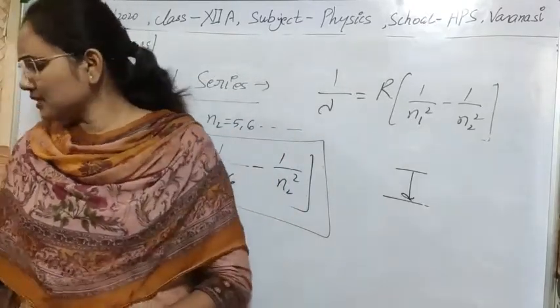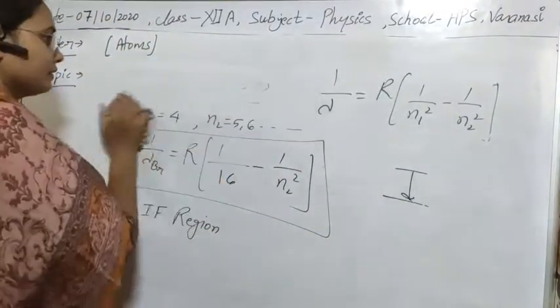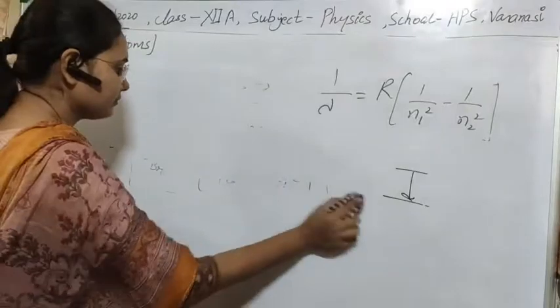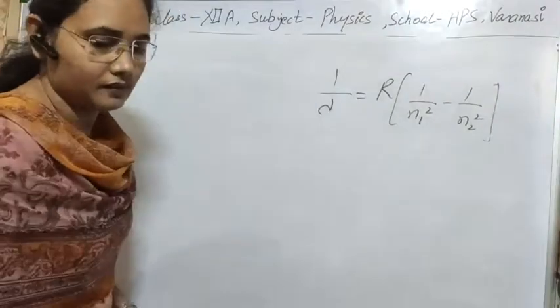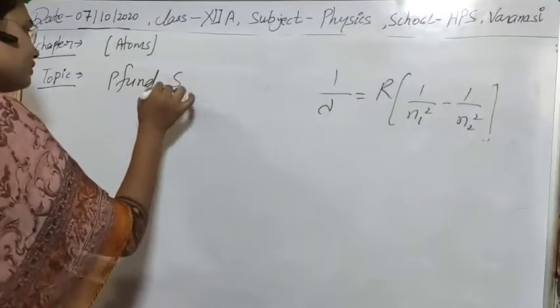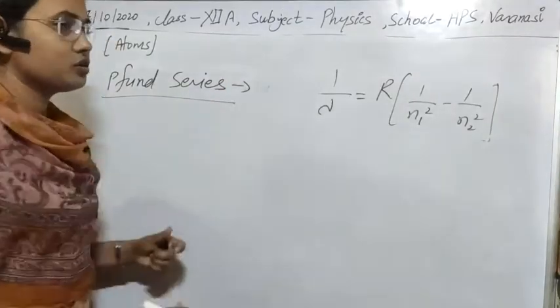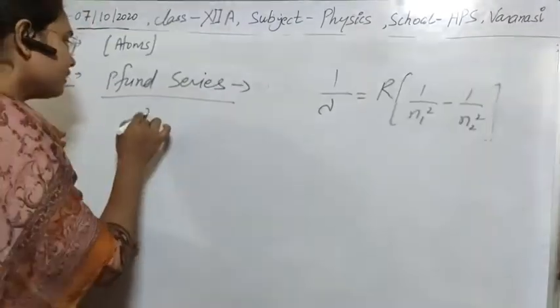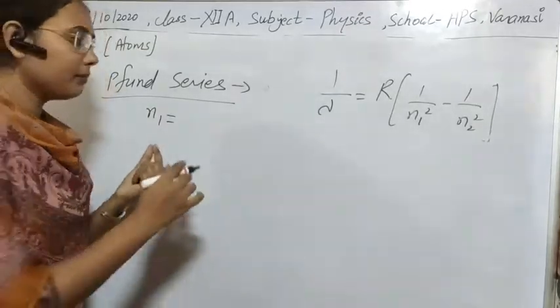Now let's see the next series, which is the Pfund series. In the Pfund series, again the lower electronic orbit will be fixed.